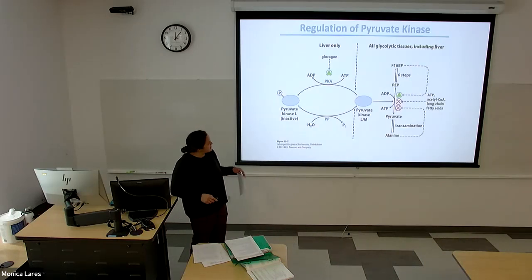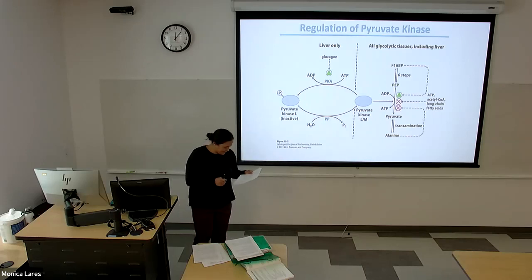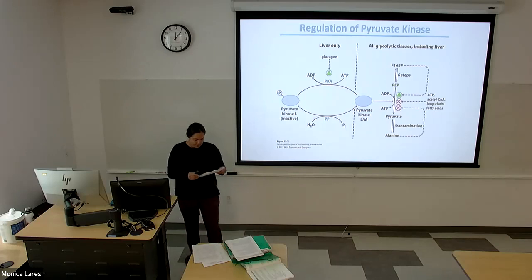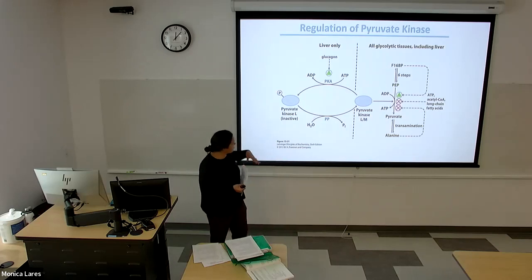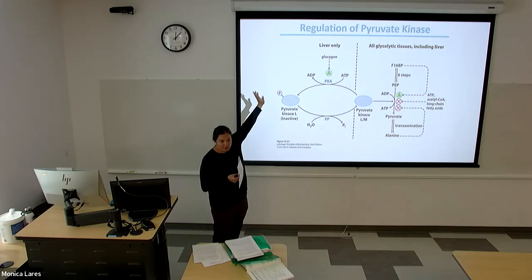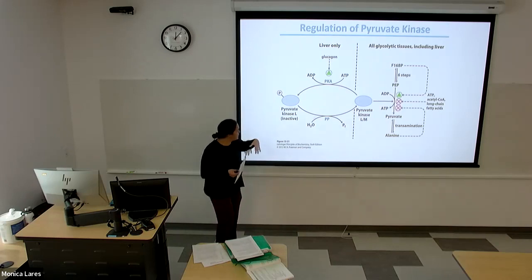The last enzyme that we talked about in our steps of regulation, steps 1 and 3, and then 10, is pyruvate kinase. Pyruvate kinase is step 10 of glycolysis. Remember, it takes PEP, phosphoenolpyruvate, and gives us pyruvate, so it removes the phosphate group.